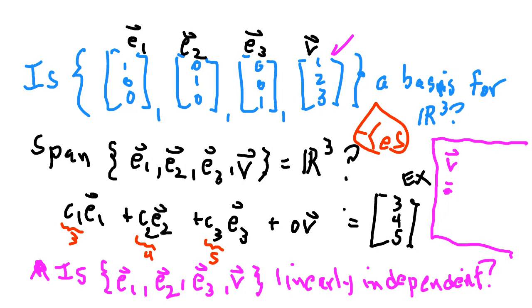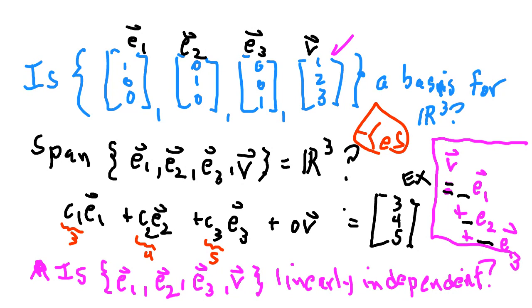So is V equal to something times E1 plus something times E2 plus something times E3? Are there numbers? What are the numbers? The vector V equals, what are the numbers in front of E1, E2, E3?